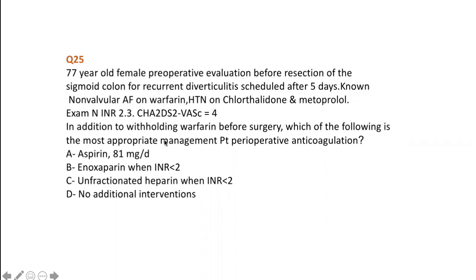A 77-year-old female for preoperative evaluation before resection of a sigmoid colon for recurrent diverticulitis, scheduled after 5 days. Known non-valvular atrial fibrillation on warfarin, hypertensive and on chlorthalidone, which is similar to hydrochlorothiazide, and metoprolol. On exam, the INR is normal at 2.3 and the CHADS score is 4.